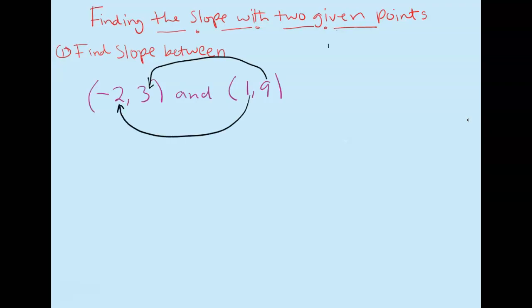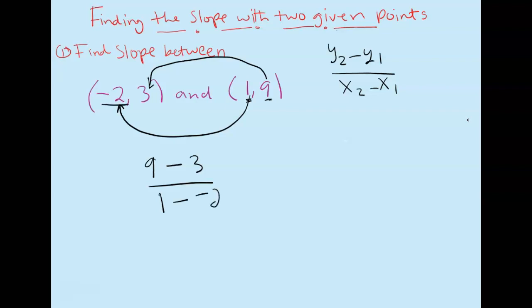Let me remind you with the formula y2 minus y1 over x2 minus x1. So here we start from here, and it's 9 take away 3. And here we start from this point, which is 1 take away, and this point is already negative, so -2 here.